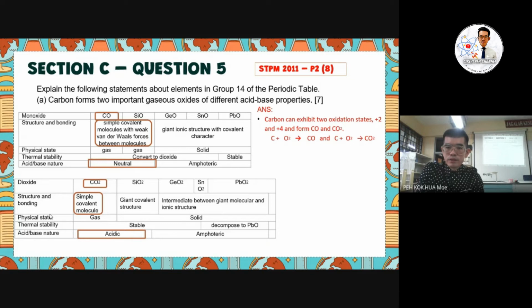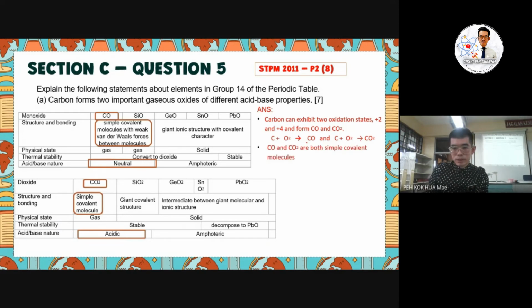So carbon can exhibit two oxidation states, +2 and +4, and form carbon monoxide and carbon dioxide. That means the two important gaseous oxides here are carbon monoxide and carbon dioxide. And then you give the equation for carbon monoxide and carbon dioxide.